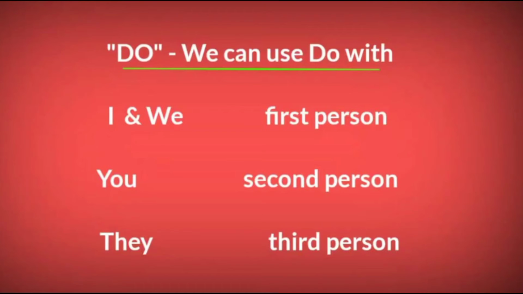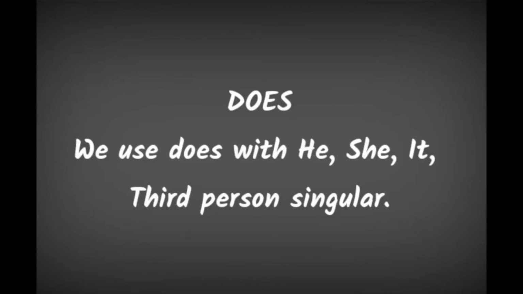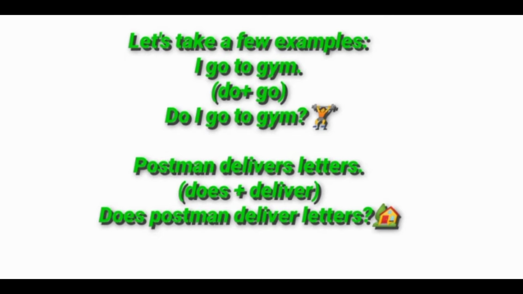So if our sentences have the subjects I, we, you and they, at that time we will use do. Then when will we use does? Yes, we use does with he, she, it. That means third person singular number. So children, let's take a few examples.